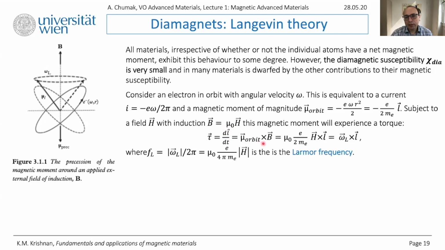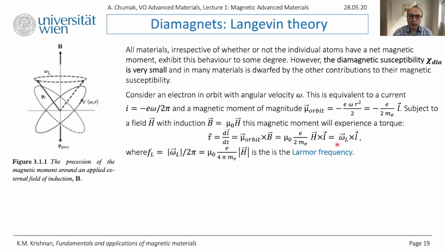And for us, it's important that now, instead of this orbital momentum, we can simply plug in this formula, and instead of induction B, we plug in mu0 H. Moreover, you see I have exchanged mu and B places, therefore we have no minus here. And this is done especially in order to get this new parameter omega L, which is a vector.